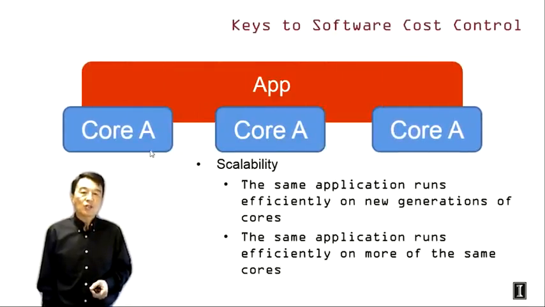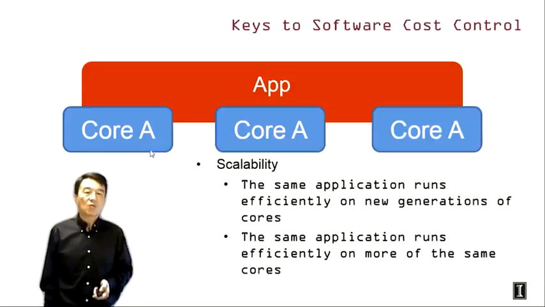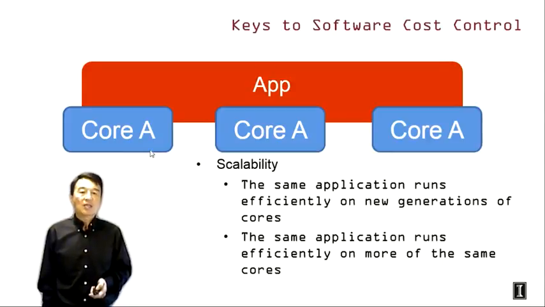There's another dimension of scalability. Whenever an application runs well on one Core A, we would also like it to run well on multiples of these Core A's, or more of the same cores. This allows us to add performance by adding more hardware into the system.